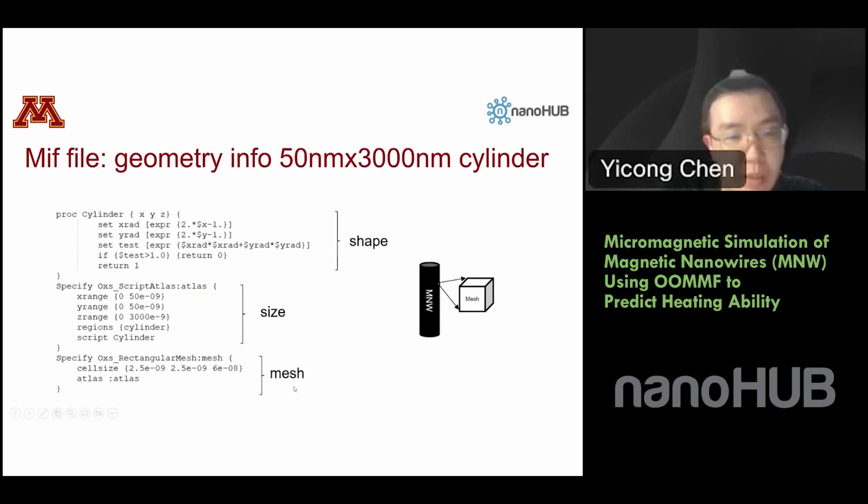And then you also need to specify the size for the mesh, like this. The mesh size should obviously be smaller than the size of the cylinder. And these can all be found either in the examples or by using the generator to generate the MIF file.